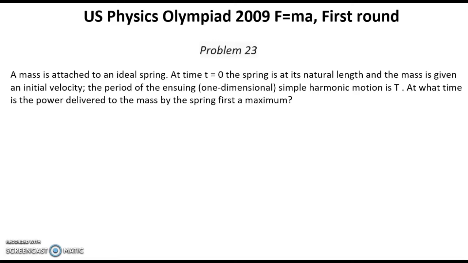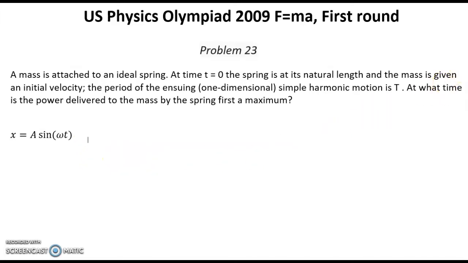Solution. To solve this problem, let's just write the equation for harmonic motion for this mass. Using initial conditions, we can write it like this. Displacement equals amplitude multiplied by sine omega t.